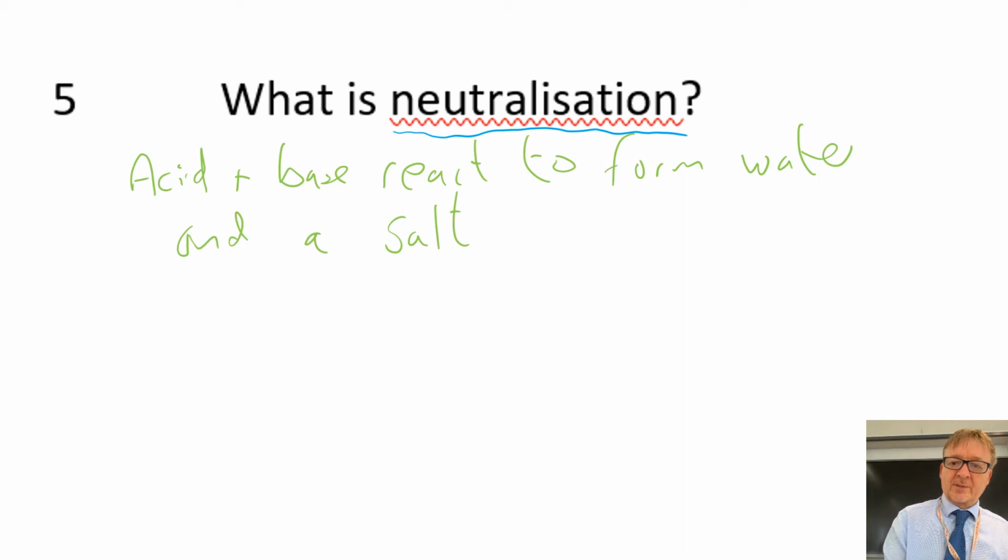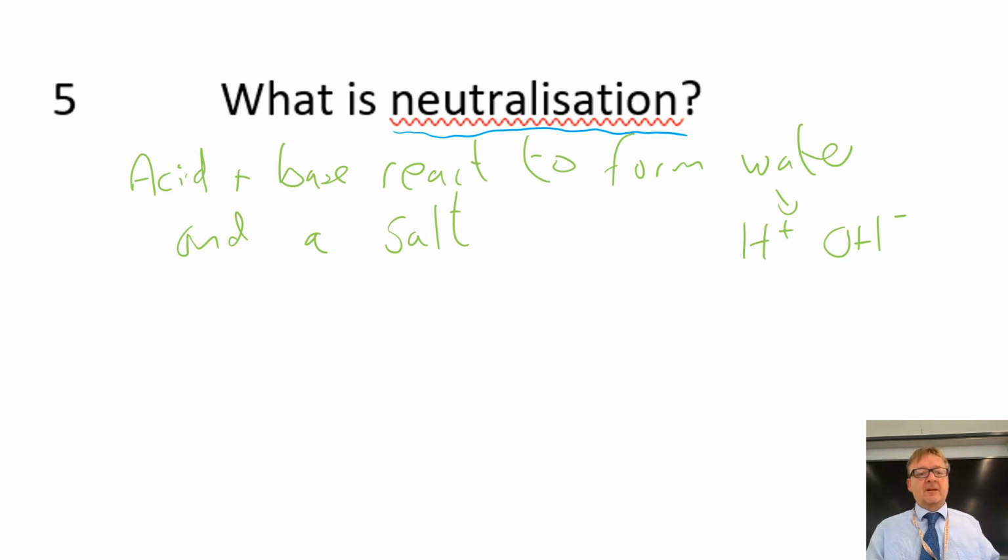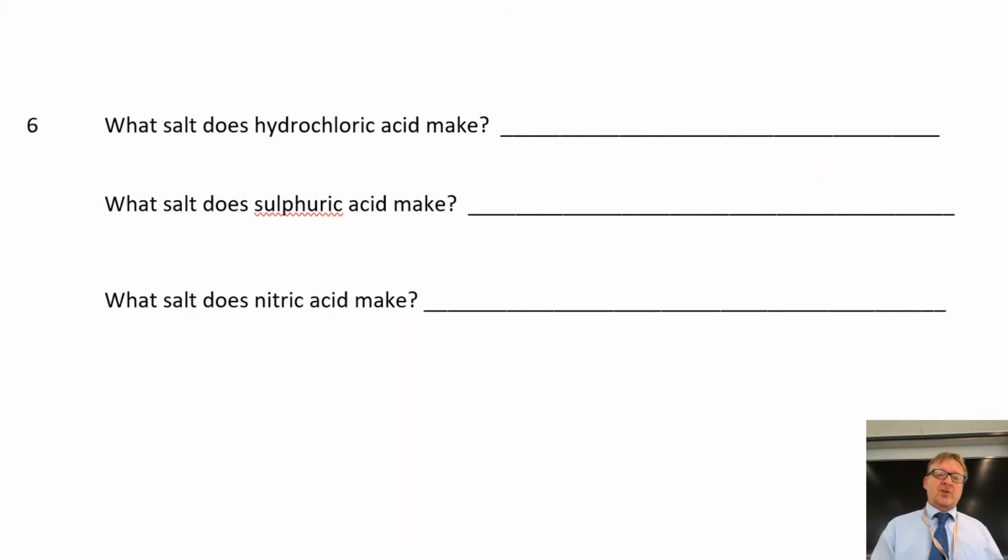What's happening with the water is we're combining the H plus and the OH minus, and then we make a salt. Question number 5, what salt does hydrochloric acid make? It could be sodium something, and it's always a chloride, which has come from the chloric.